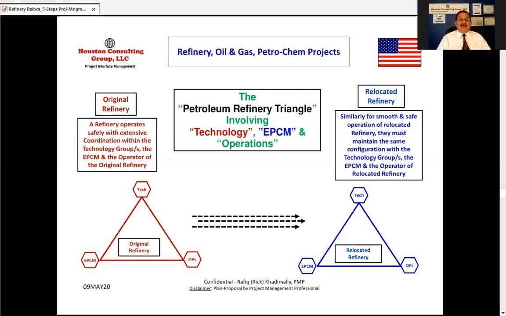Similarly, for a smooth and safe operation of the relocated refinery, they must maintain the same configuration with technology groups, the EPCM, and the operator of the relocated refinery. And look, this is a triangle right here. So this is my pictorial way, and then I show the arrows coming from a developed country to a developing country. You got it? Okay.